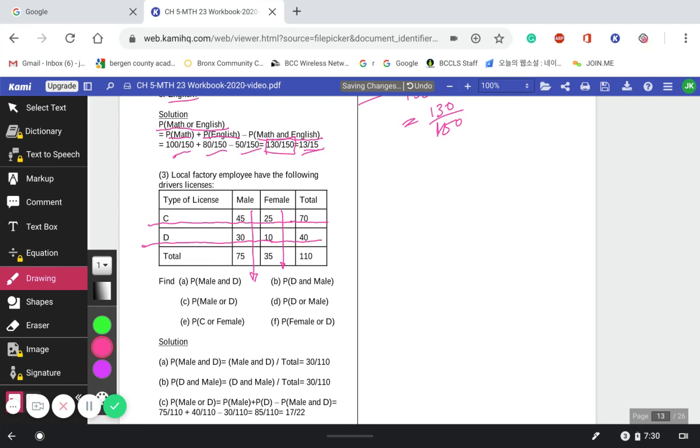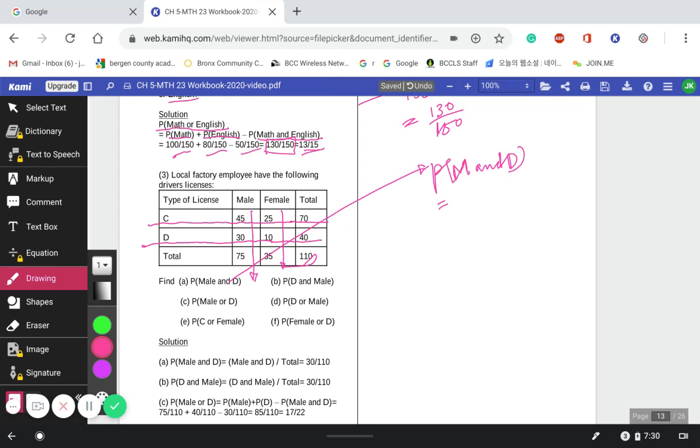So number one, find male and D license. So the probability of male and D would be male and D out of total, so male and D would be 30.